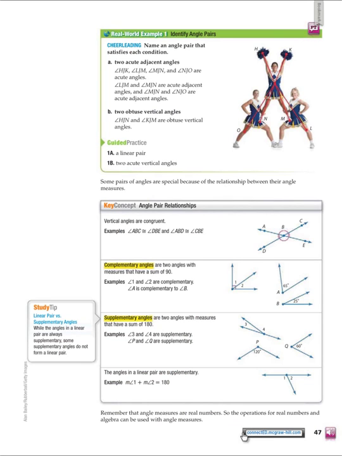All right, two other very important terms that I want to make sure that we are comfortable with are complementary angles and supplementary angles. Now this is complementary with an E. Complementary angles are a special angle pair.